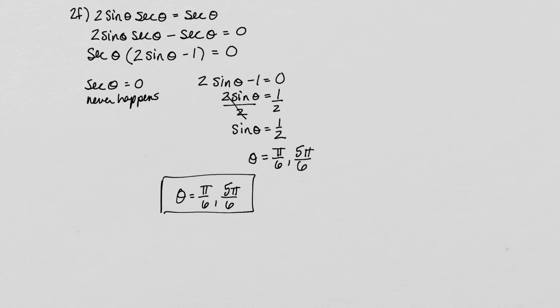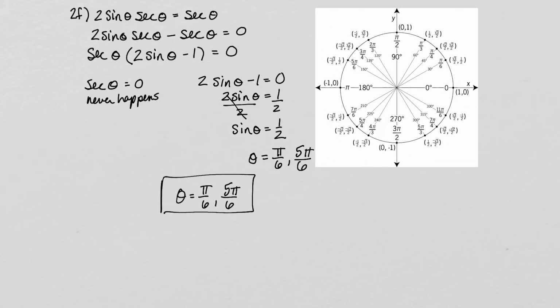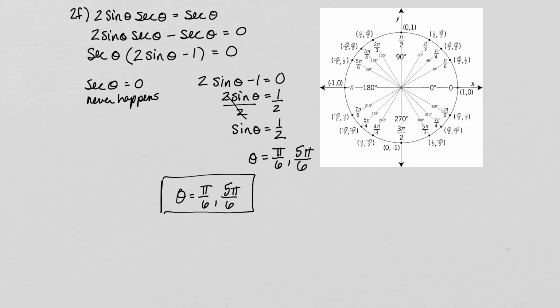No. Okay, so now if we look at the other problems, so the secant of theta, let me put back in here my unit circle. Okay, so remember, secant of theta is 1 over the cosine.